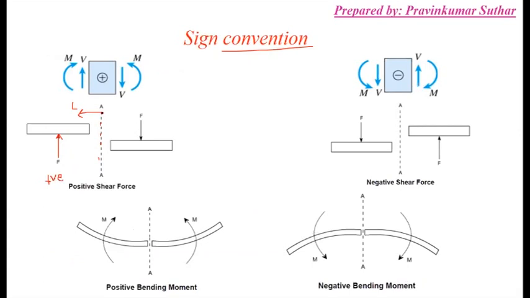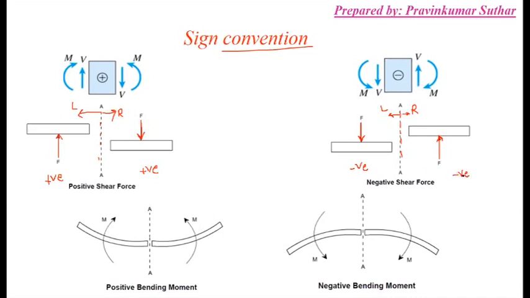Right of the section, if the force is downward like this, then you also take it as positive. Left of the section, if the force is downward, then this is negative. And right of the section, if the force is upward, then this is negative.